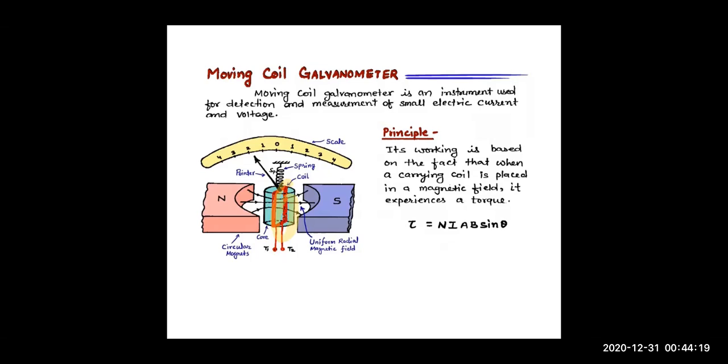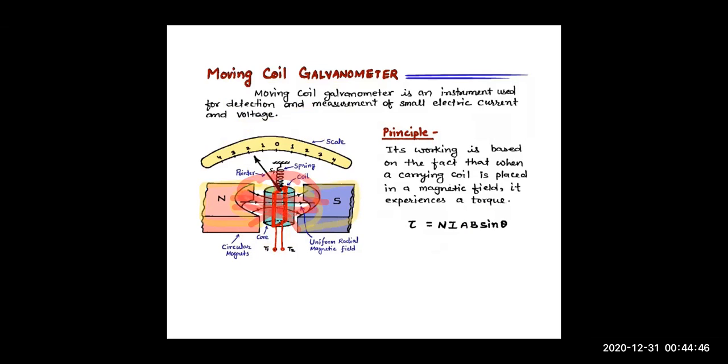So here, children, you can see that it consists of concave shaped magnets, right? These magnets produce a radial magnetic field. Here you can see that this is a circular region in between. So the magnetic field is produced along the radius of this circle.